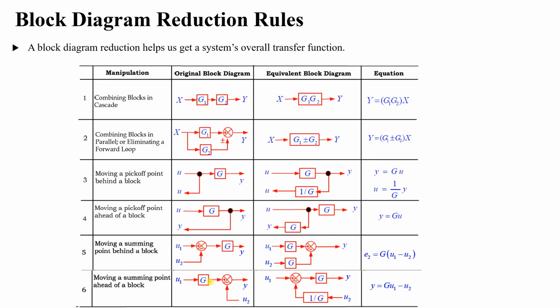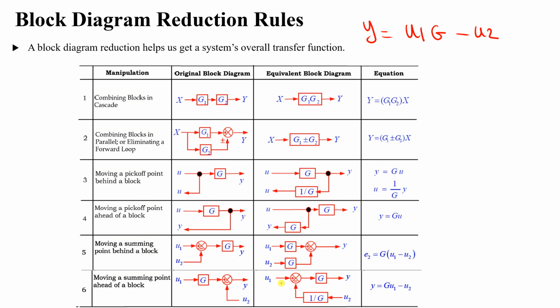Similarly, if I have this one, U and G, and I would like to take this summing node here, let's look at the output. In the output here, we will have Y equal to U1G, which is positive, U1G minus U2.